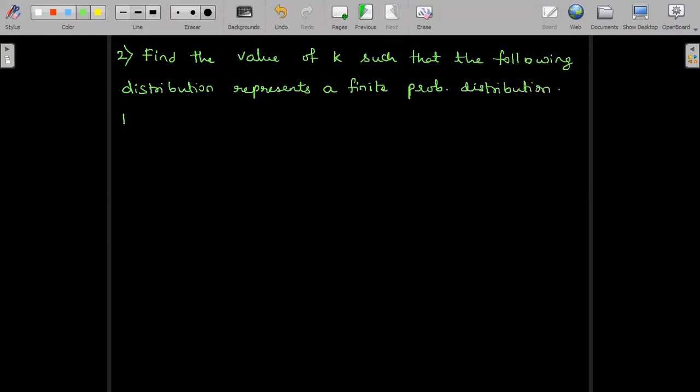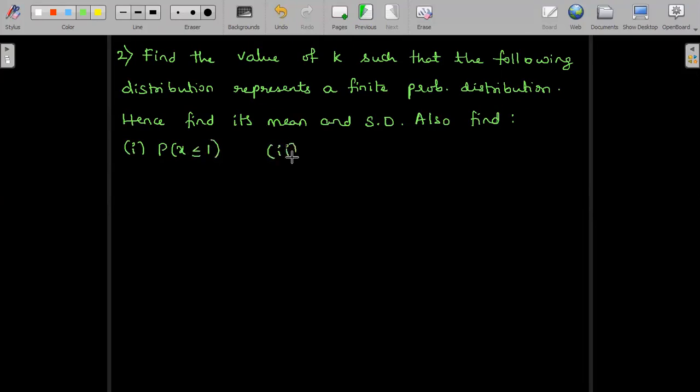Hence, find its mean and standard deviation, which is square root of the variance. Also find first one, probability of x less than or equal to 1.